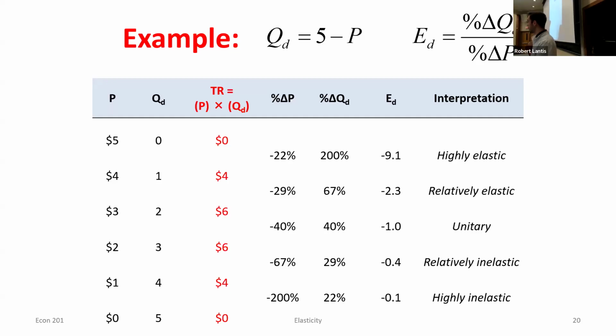So if we have elastic demand and I increase the price by a little bit, what's going to be true about the response by consumers? They're going to buy a lot less, right? So that percentage change in the quantity demanded, I'm trying to use the proportion of these arrows to get at this relationship, right?